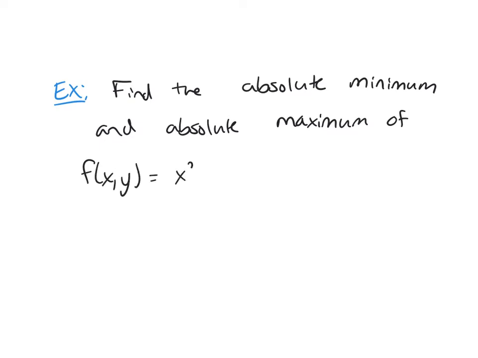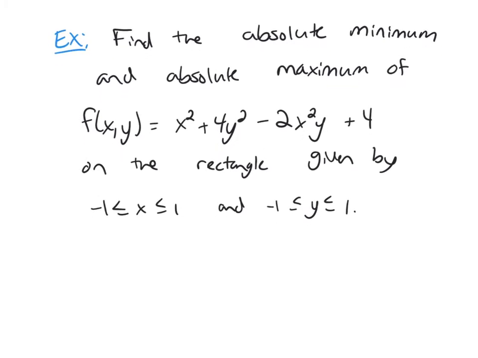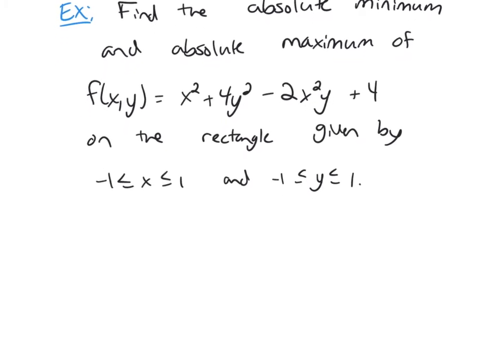It's going to be x squared plus 4y squared minus 2x squared y plus 4 on the rectangle given by x is between -1 and 1, and y is between -1 and 1. So the first thing we're going to do is picture this region, this rectangle.